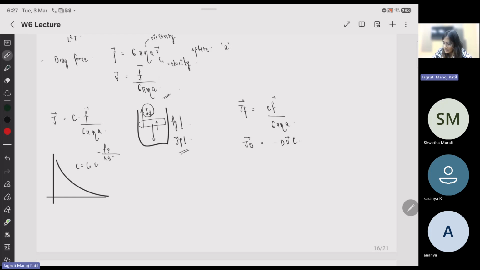Now, what is here in the exponential? What are the two things, the ratio of F x and kBT? What are those things? Any guesses? Energy.